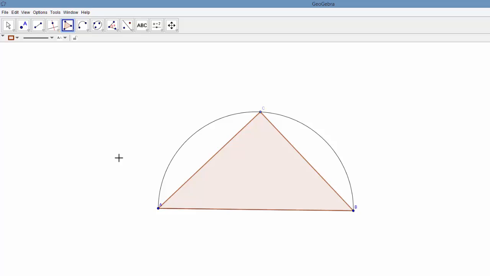Now what we want to do is discover a little bit about the properties of this triangle. So we want to look at the angles.